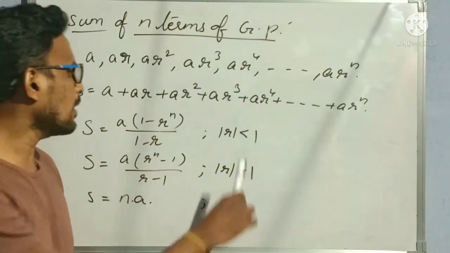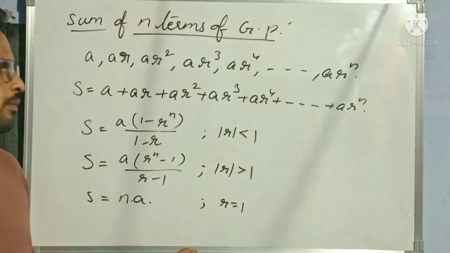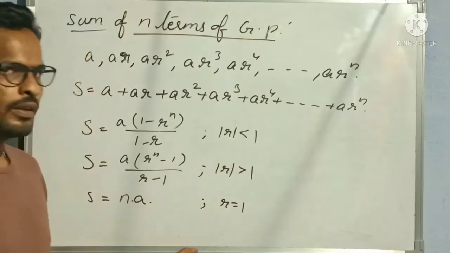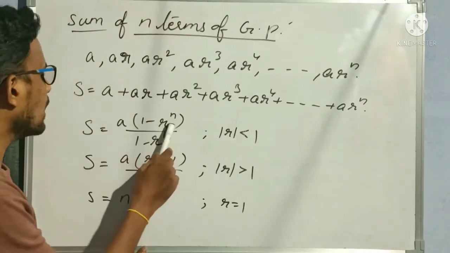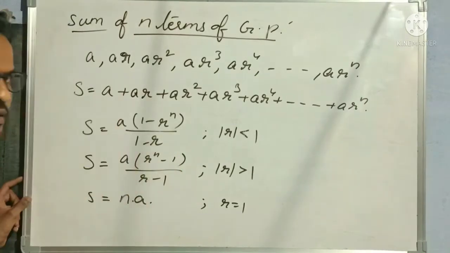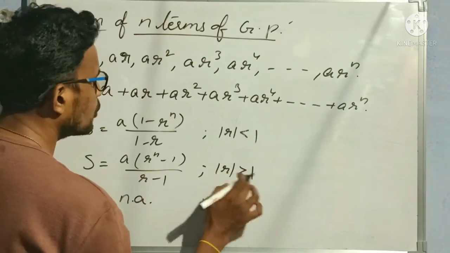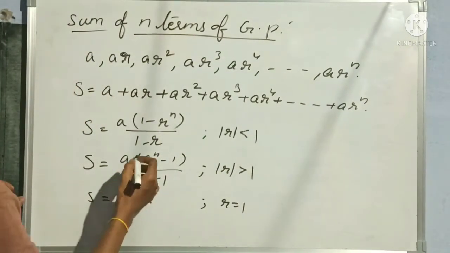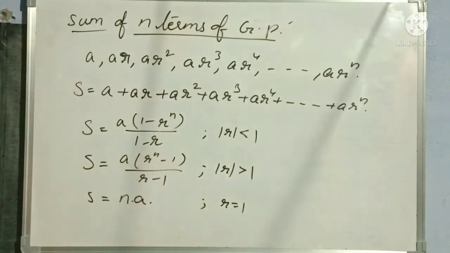Okay, when our common ratio is less than 1, meaning it may be a fraction or a rational number, then we have to use the first formula, that is a into (1 minus r power n) by (1 minus r). If our common ratio is greater than 1, then we have to use the second formula, that is a into (r power n minus 1) by (r minus 1).